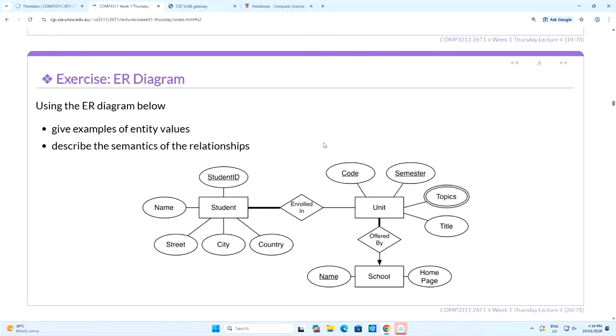Okay, can anybody give another example? I want you to try the unit one. Can you give an example of the values of this entity? This could be a bit tricky.